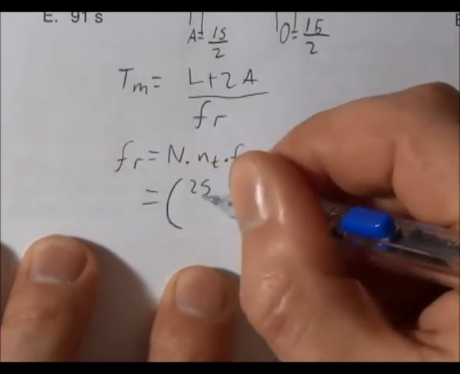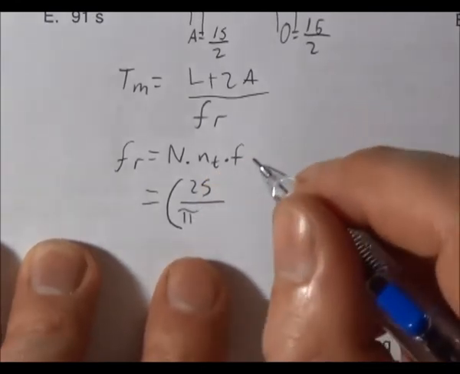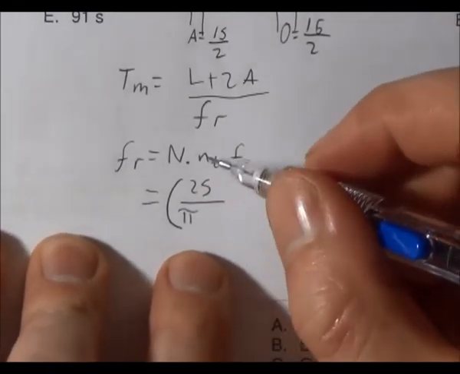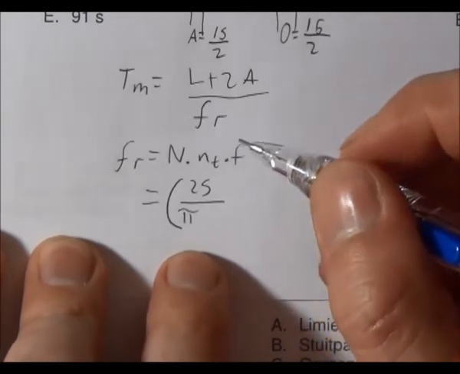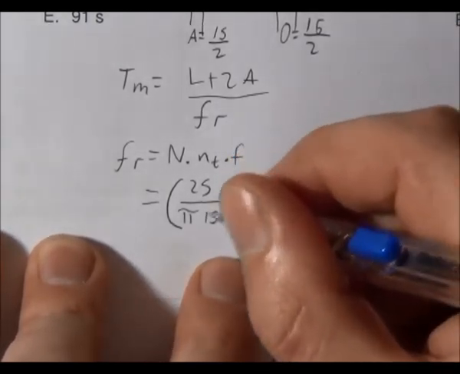So that's 25 over pi times the diameter of the cutter, 15.